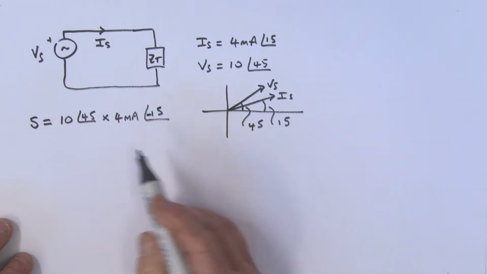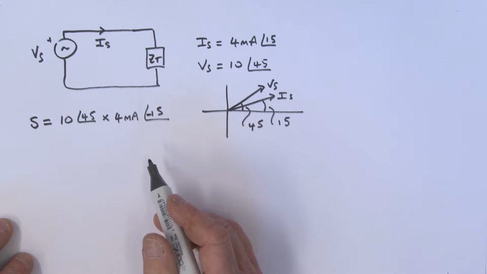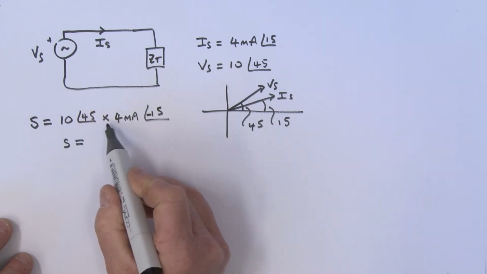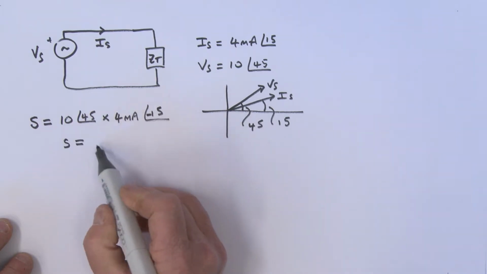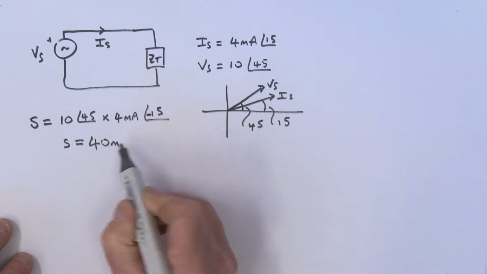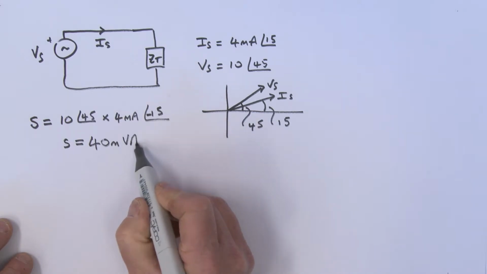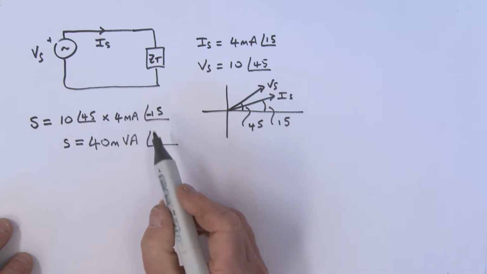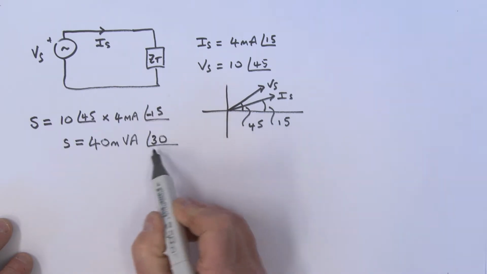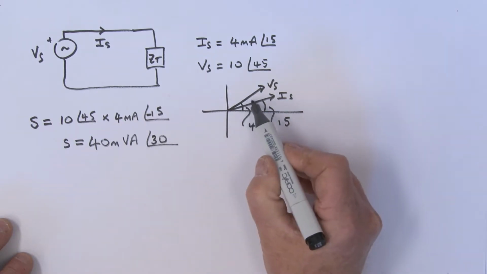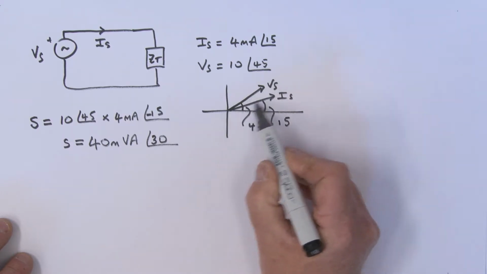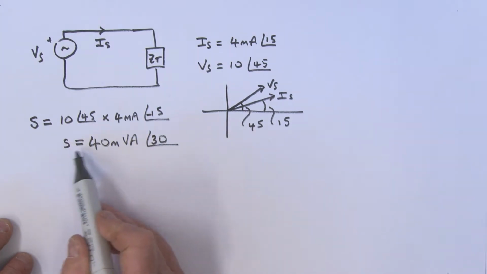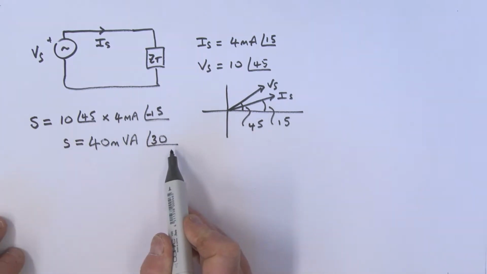When we work this out, the apparent power is 10 times 4, which is 40 milli volt amps, and my angle is 45 minus the 15, which gives me an angle of 30. Notice that angle of 30 is the angle difference between this voltage and this current over here. So that is the apparent power.